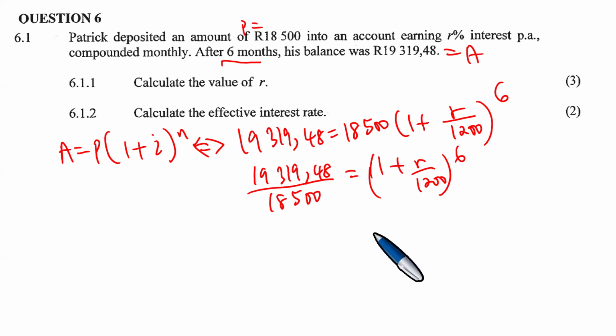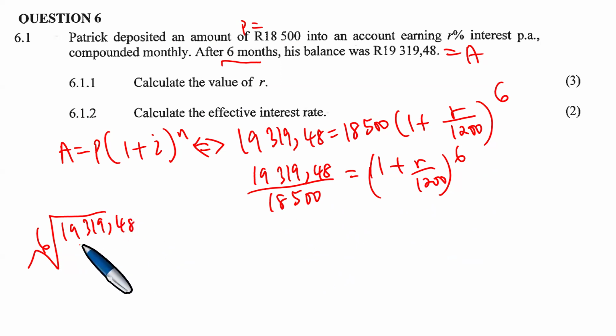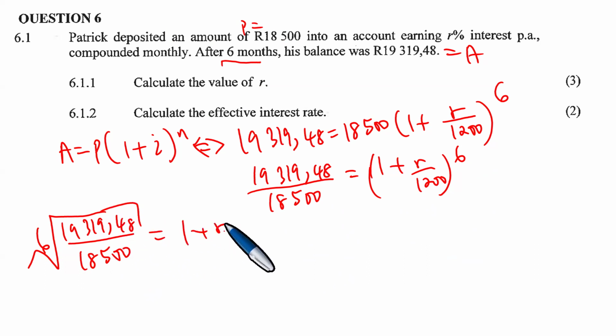Therefore, you apply the 6th root on both sides: the 6th root of 19,319.48 divided by 18,500 is exactly 1 plus R over 1,200.